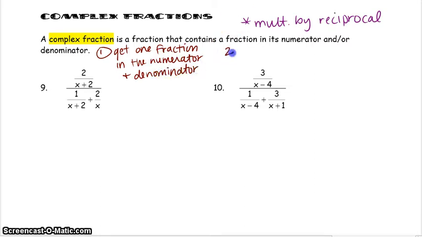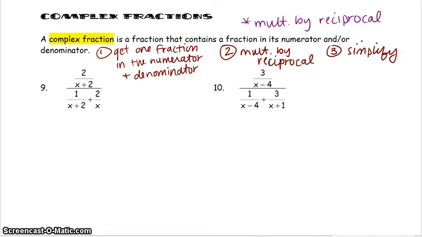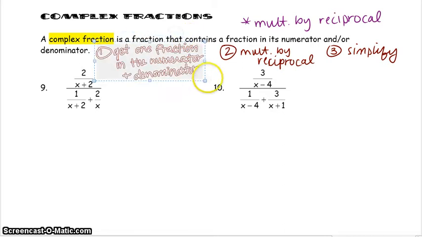Then once we do that, we need to multiply by the reciprocal. And then our third step is just going to be to simplify, if we can. Okay, so I'm going to make this a little bit smaller so that way we have space here.